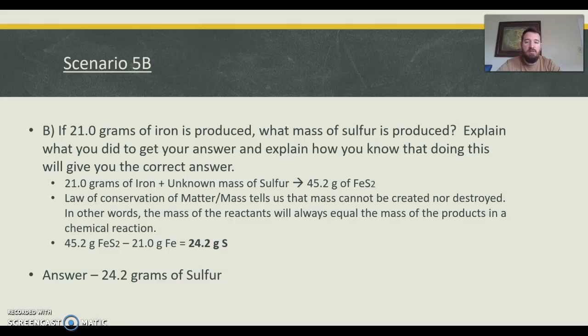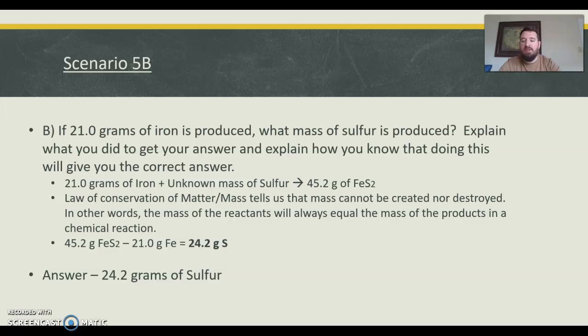We're going to be using the law of conservation of mass, and this tells us that matter cannot be created or destroyed, which means, just like in algebra class, whatever is on the reactant side or the left side of the arrow is going to be equal to what's on the right side or the product side of the arrow.